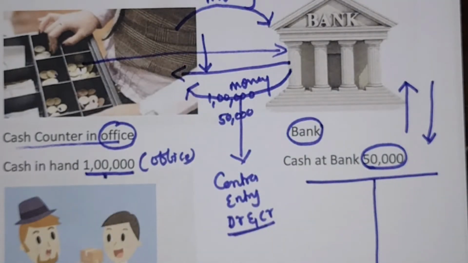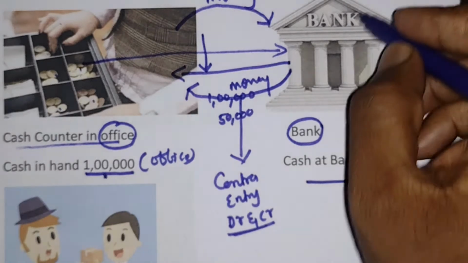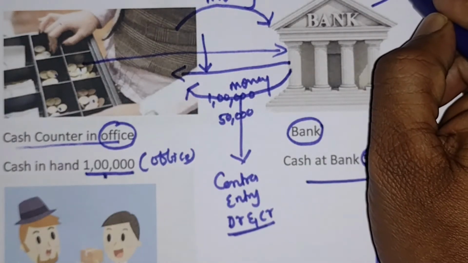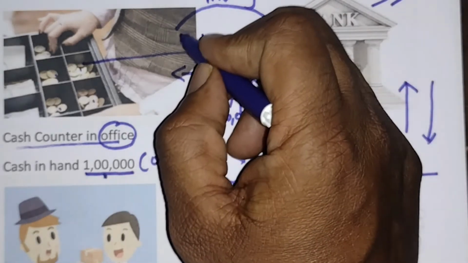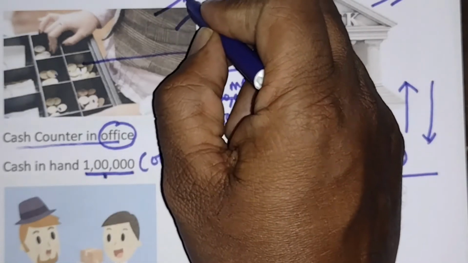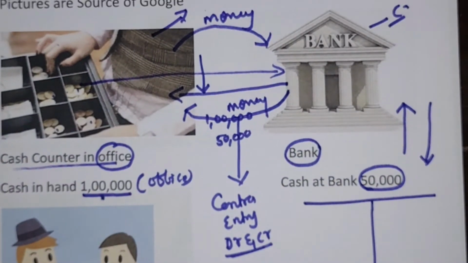It is called a contra entry because an entry will appear in the bank and also an entry will appear in the office at a time.